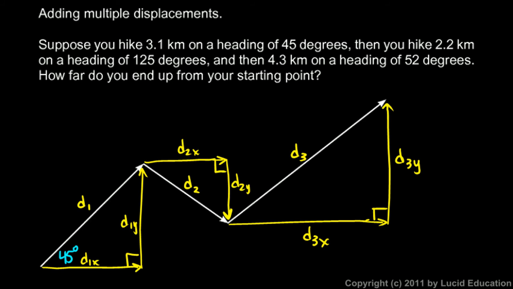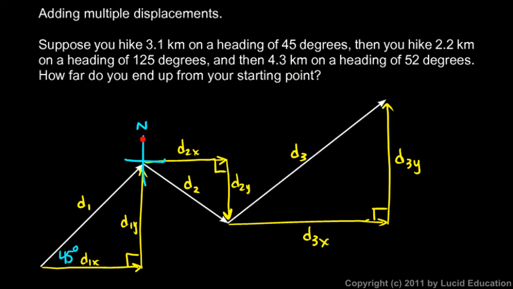Now back to the picture, we'll do the same thing with d2. But we need to know this angle for d2. So let's think, remember, if we have our north, south, east, and west, we were told that this was 2.2 kilometers on a heading of 125 degrees. So the length here is 2.2, and the heading here is 125.